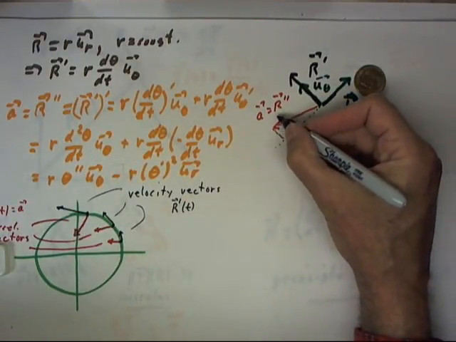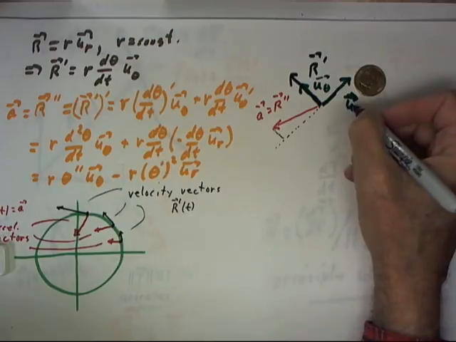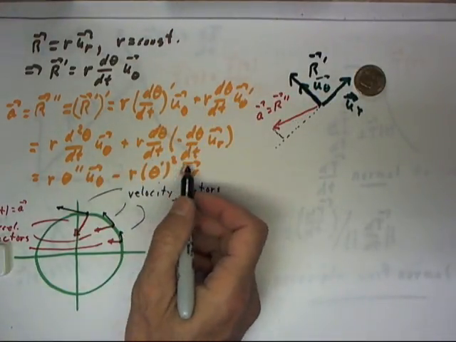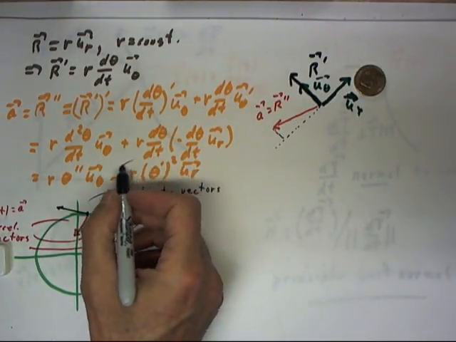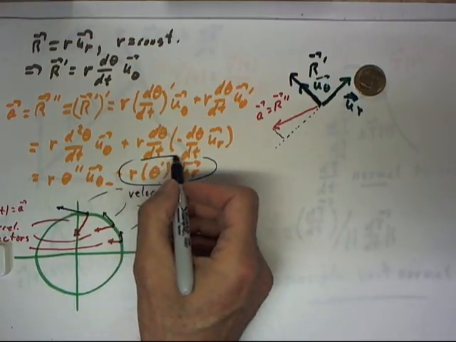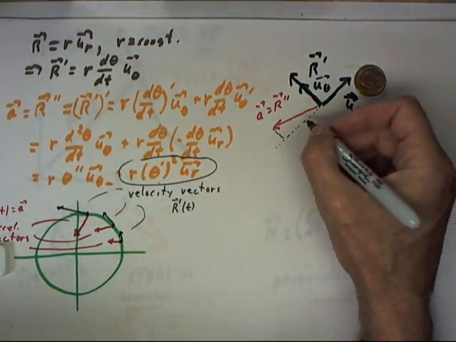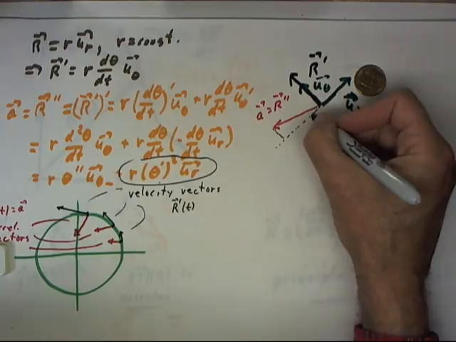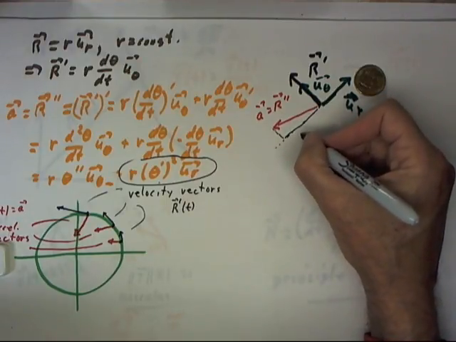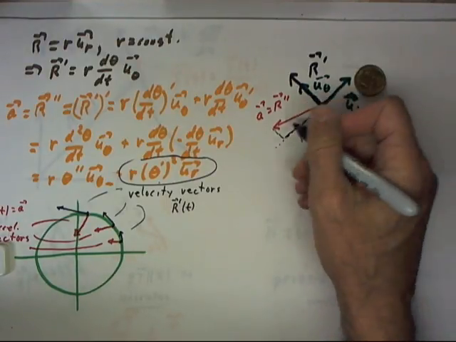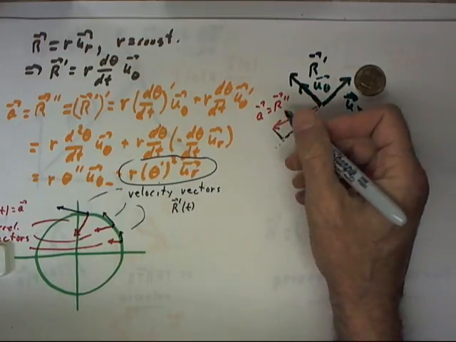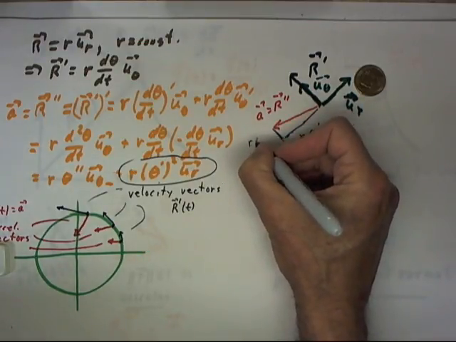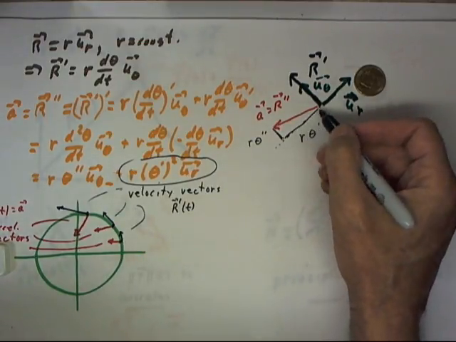We simply project r double prime onto u sub r. Well, right here is our u sub r component. So this component here has magnitude r theta prime squared. This component has magnitude r theta double prime.